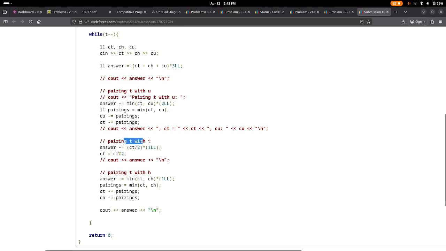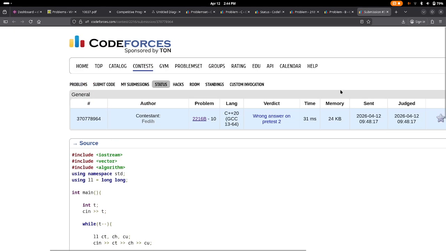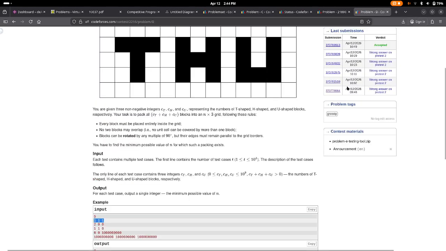Then I'm pairing T with T itself, and after pairing there would be either a single T or zero T's, and I would try to pair this T, if any, with H, if any, and then output the answer. But this is clearly not the most optimal way. I was in a panic initially, and I submitted a similar solution with the same logic twice, and it was of no use.